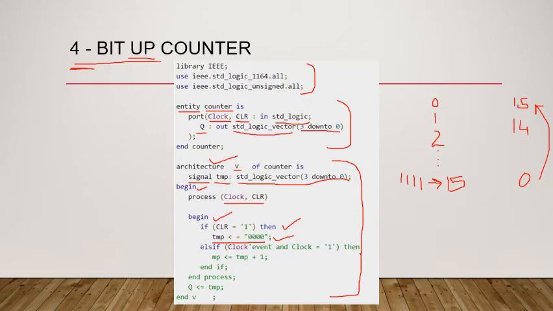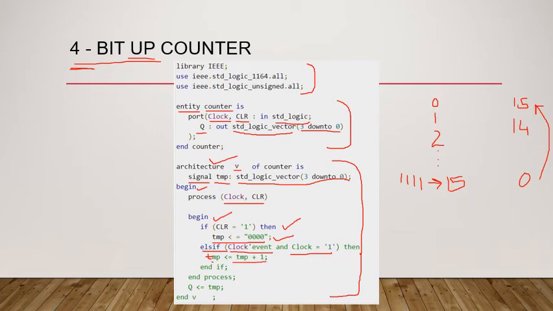The next condition is else if we have a clock event. You know why we use clock event: in order to check whether there is a change in the clock, and clock is equal to 1. That means we are checking whether the clock is high. Then TMP will be updated to TMP plus 1.